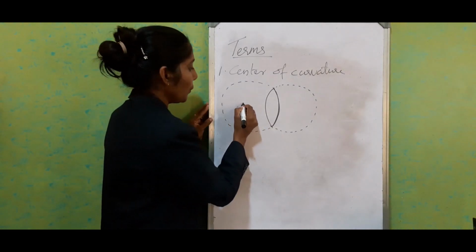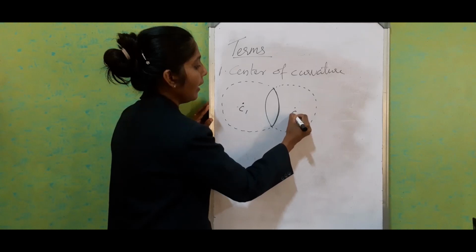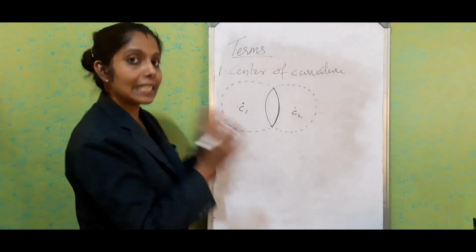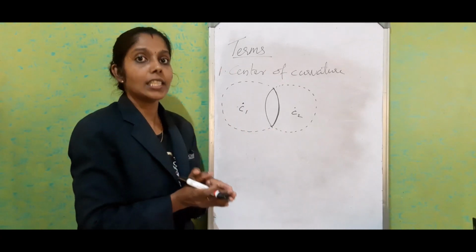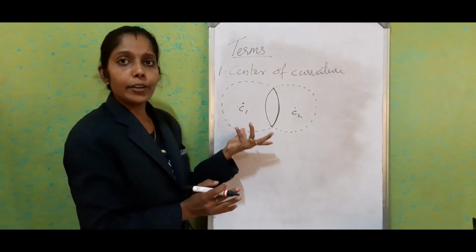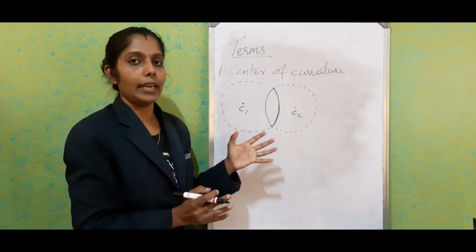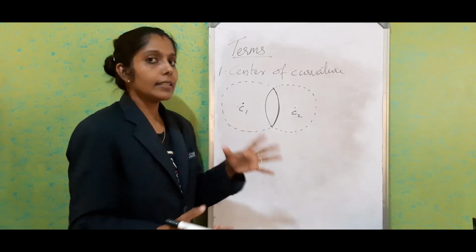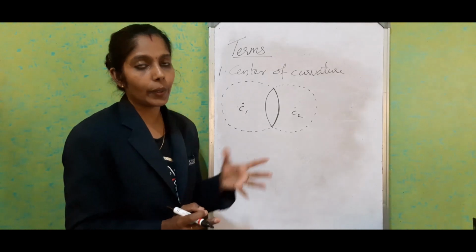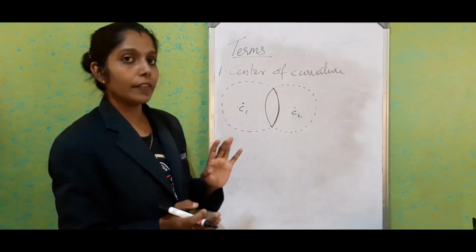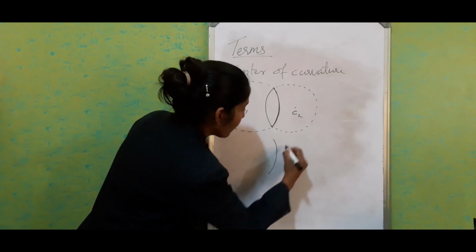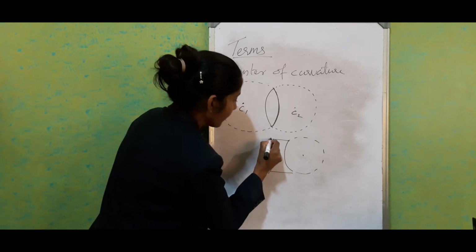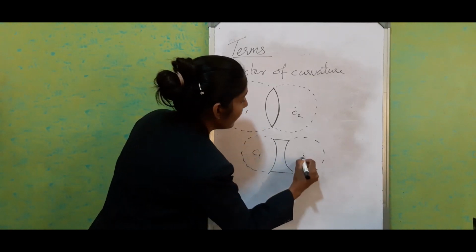So here we will get two centers. Here we have one center and here we have another center. If it is made up of equiconvex lens or equal size spheres part, this center of curvature will be common for both sides, or depends upon the variation, it may vary. But here in this chapter we are going to deal with equiconvex or equiconcave lenses. So center of curvature means for this one, and for concave, here one center, same way here also another center, C1 and C2.